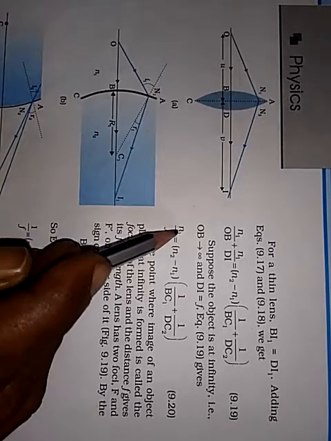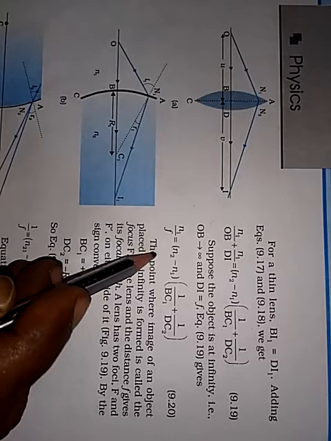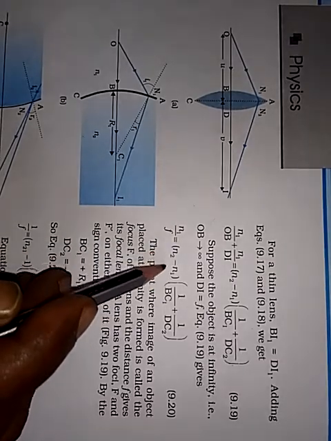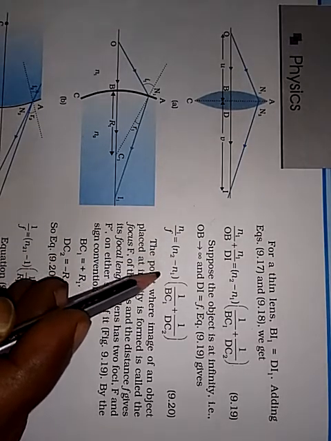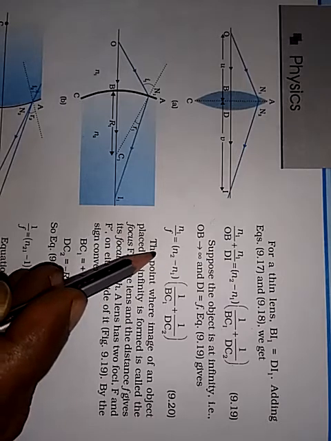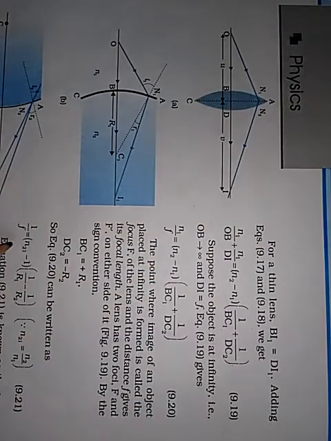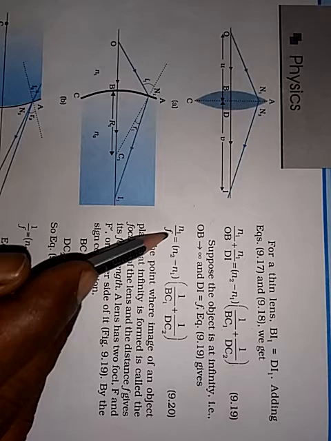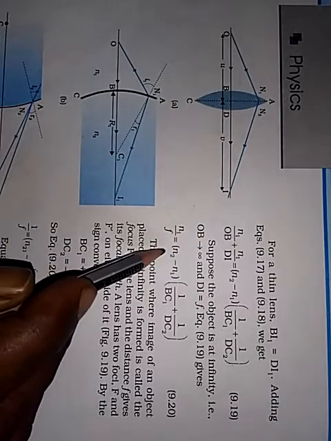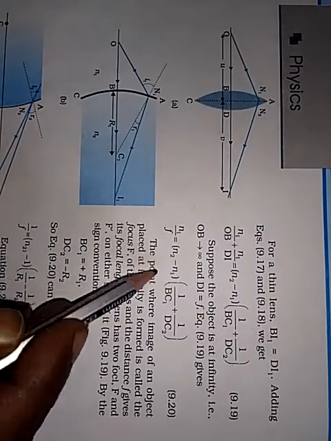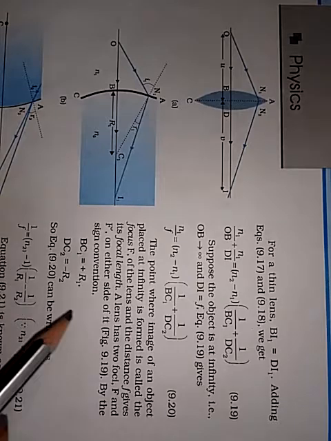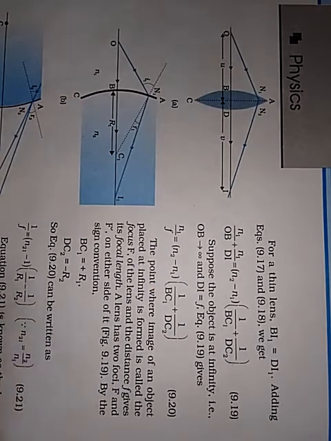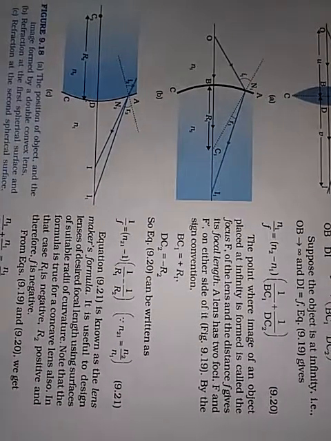Now once again, if you bring this term to this side, this n1 will come to the division. n1 by n1 is 1, and n2 by n1 we can write as n21. So 1 by f is equal to n21 minus 1 into 1 by R1 minus 1 by R2.